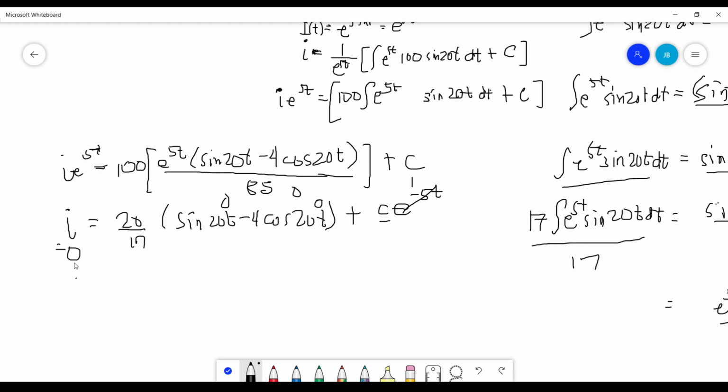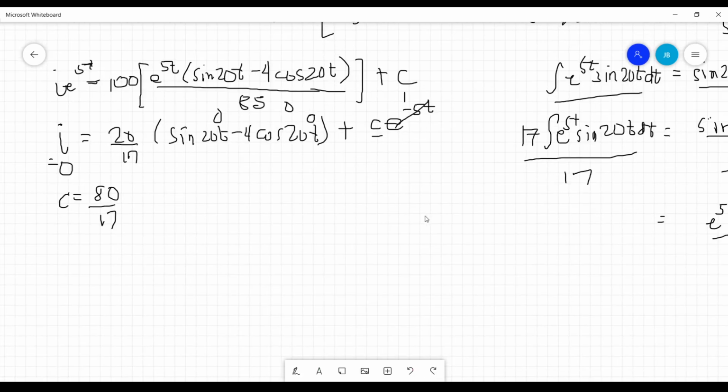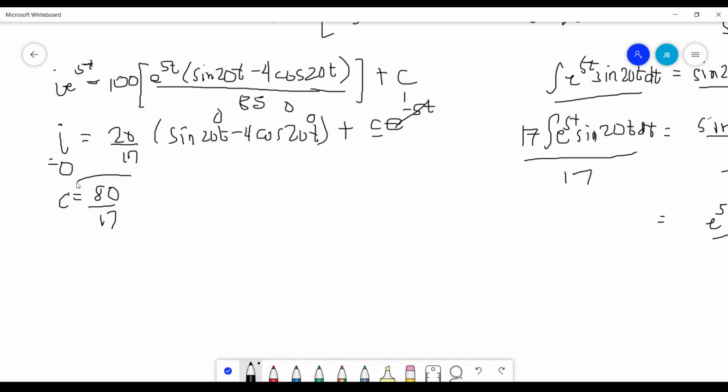So you will have C as 80 over 17. Yes. Since we already have the constant, thank God. Substitute the constant back into the equation. So you will have I is equal to 20 over 17.